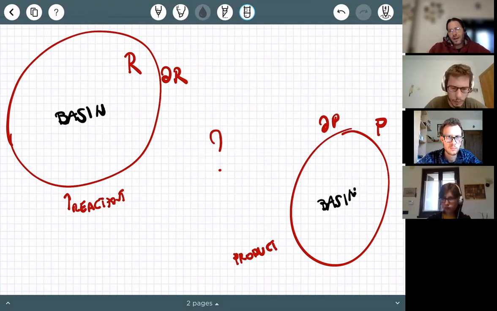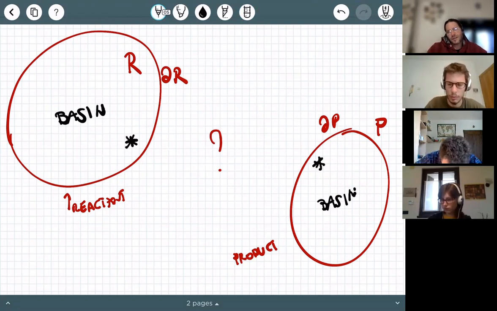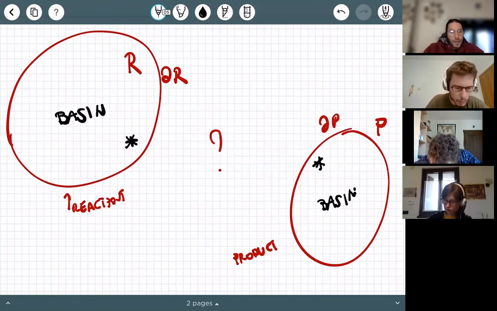So what do I mean by that? That the equilibrium distribution is exponentially larger inside than it is in the region outside. Okay? And in addition to this, without loss of generality, we can assume that the entire system contains only two basins.